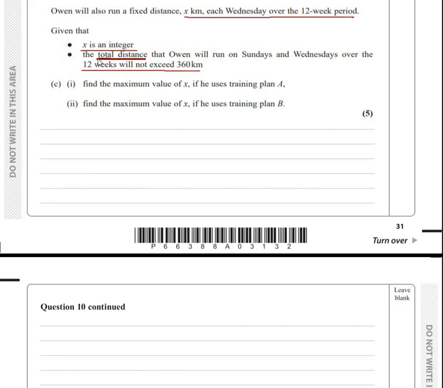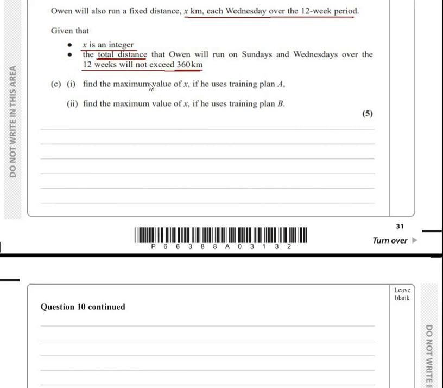Likewise, we have to calculate over 12 weeks how much he has run on Sundays and Wednesdays, and it should not exceed 360 kilometers. It should be less than 360 kilometers. So we have to find the maximum value of x if he uses training plan A.